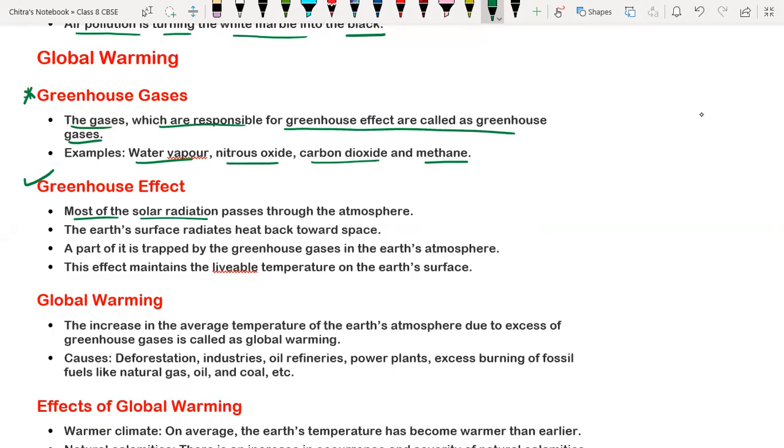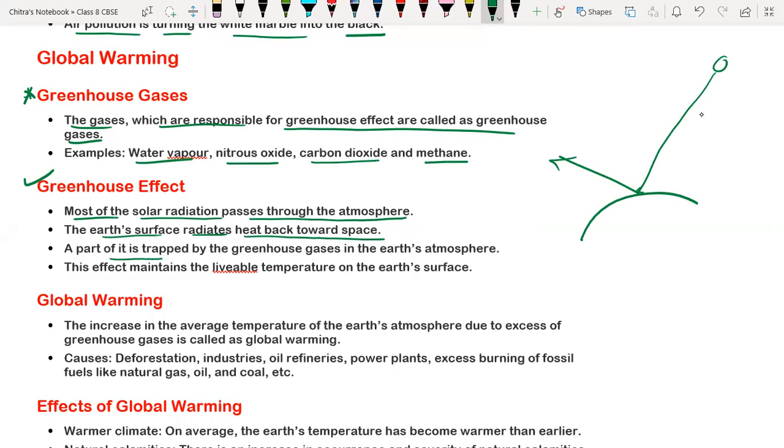Most of the solar radiation passes through the atmosphere of the earth. The earth's surface radiates heat back toward space. Suppose this is the earth's surface: most of the radiation will fall on the earth and will reflect back into the atmosphere.